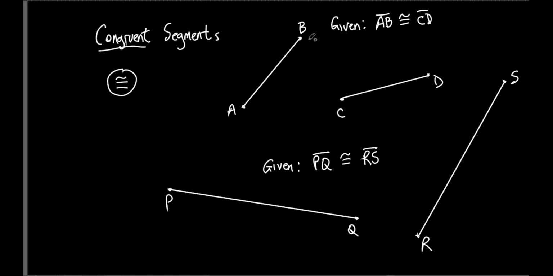Now, does it matter if I call this AB or BA? Nope, doesn't make any difference. I could call this CD or DC, I could have called this QP, I could have called this SR. That doesn't make any difference, but the P and the Q have to be the endpoints. Everybody with me? So those are congruent segments. That's really important because we're going to be doing that a lot.